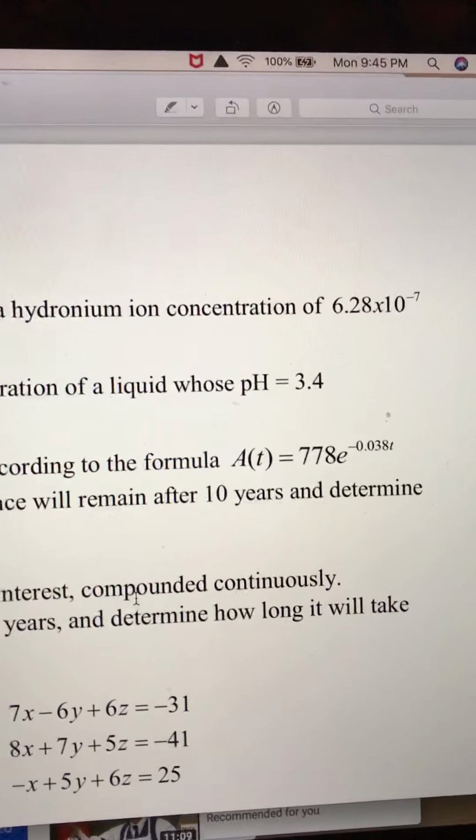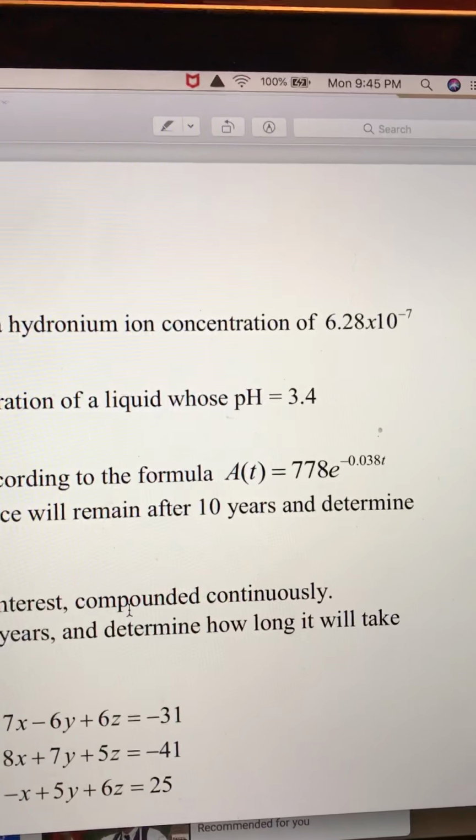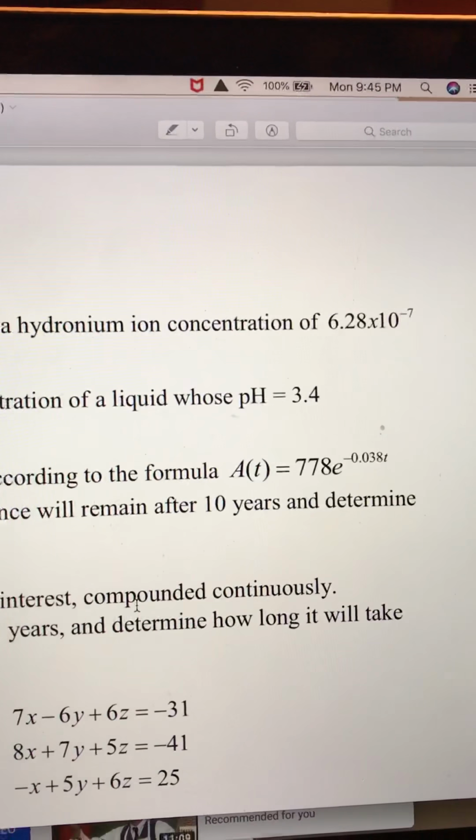So at time 0, you have an initial amount equal to 778. So they kind of told you that twice.